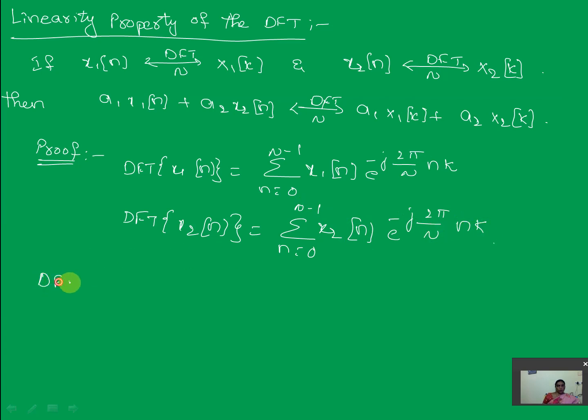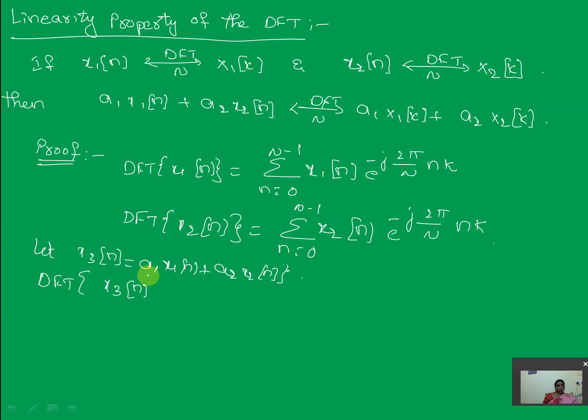Now consider a third sequence x3 of n, which is a1 x1 of n plus a2 x2 of n.